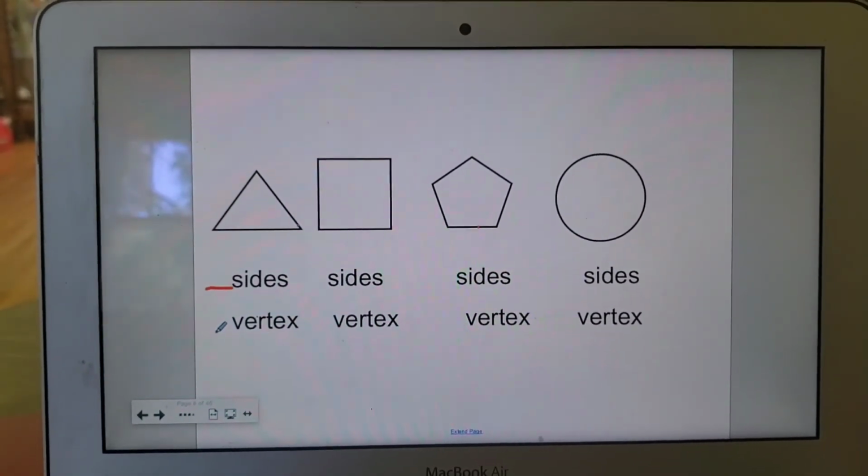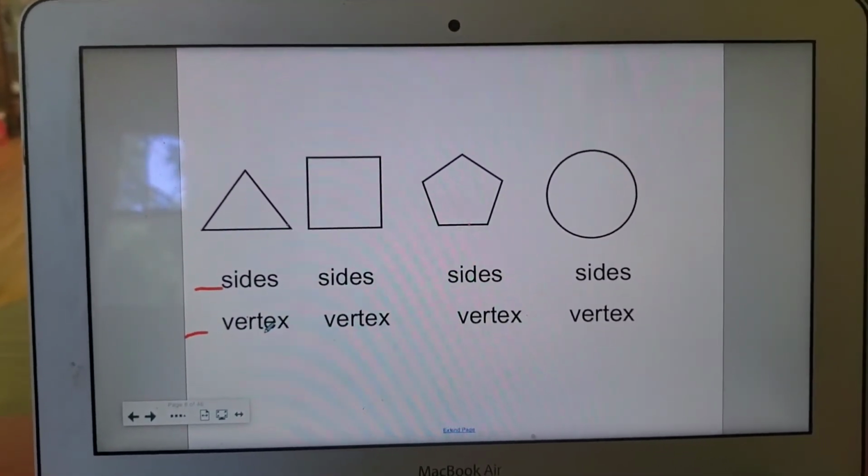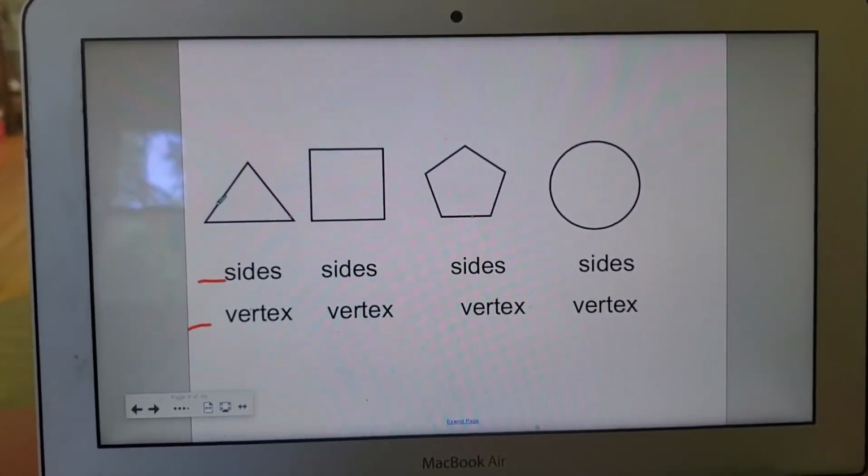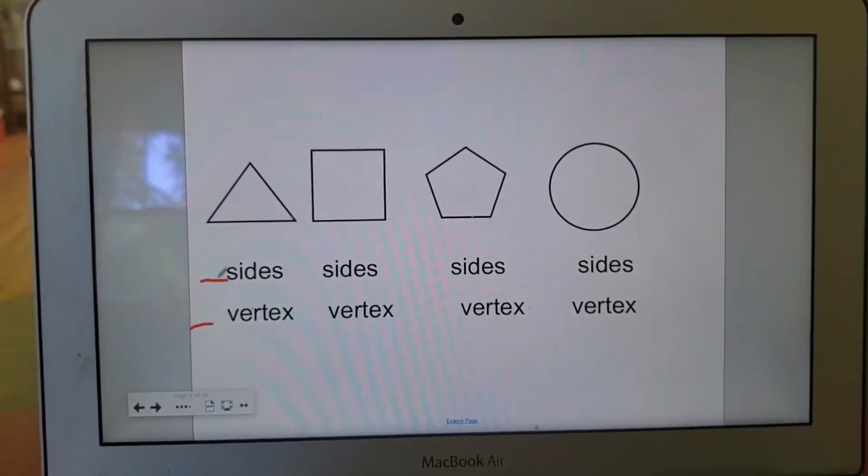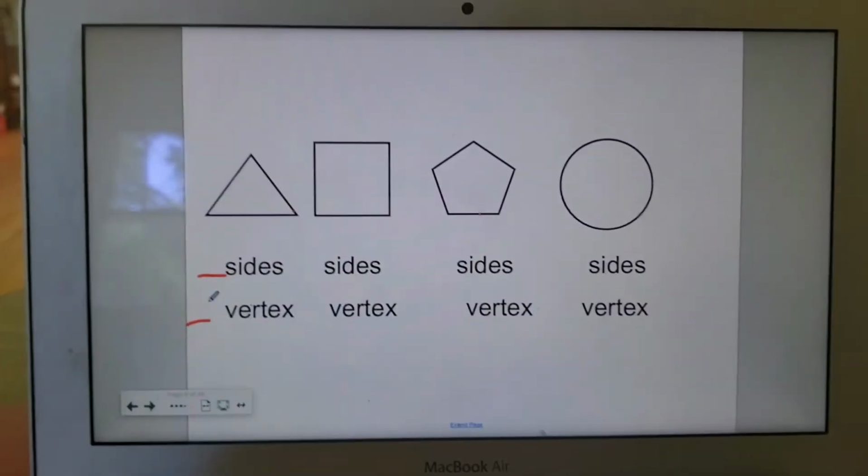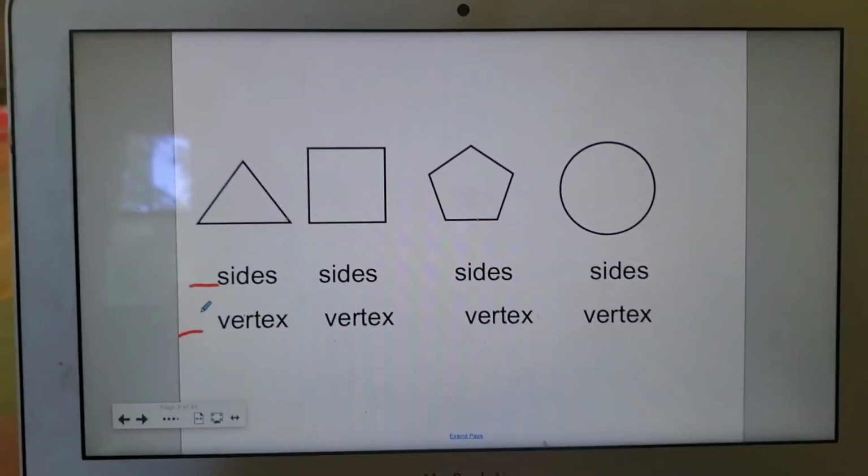And then you're gonna count the vertices or the vertex, and write that down below as well, okay? So I would like you to pause this video and get that going, and when you're finished, come back on and we'll do it together.